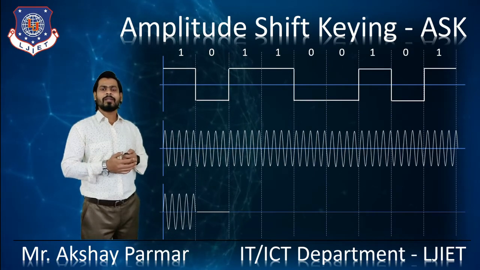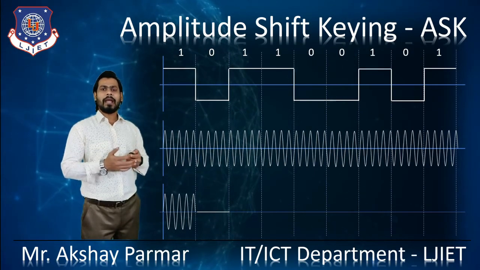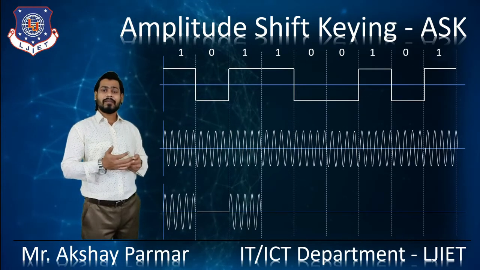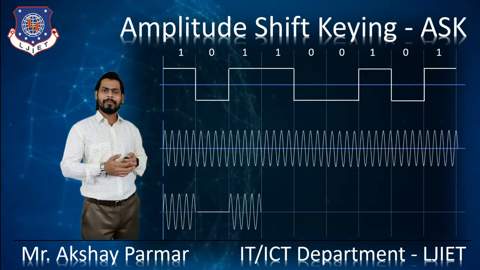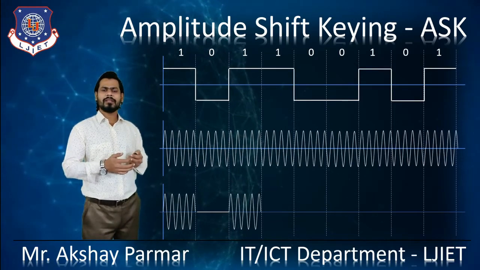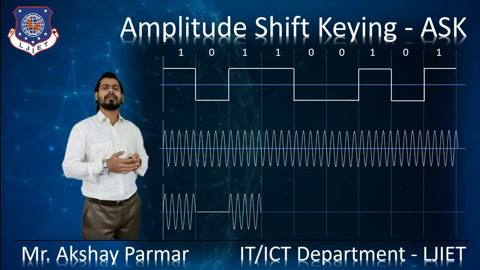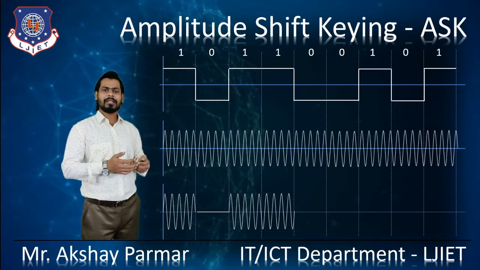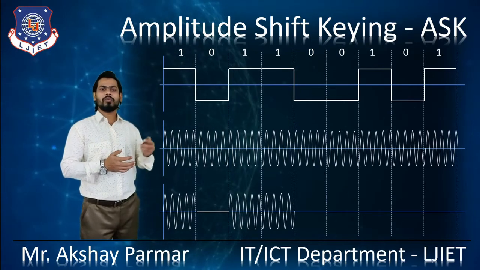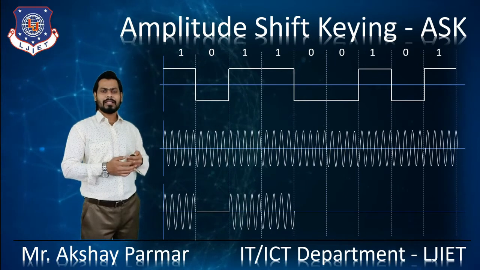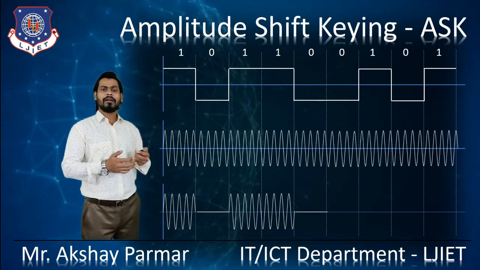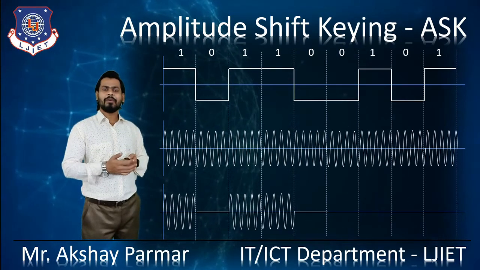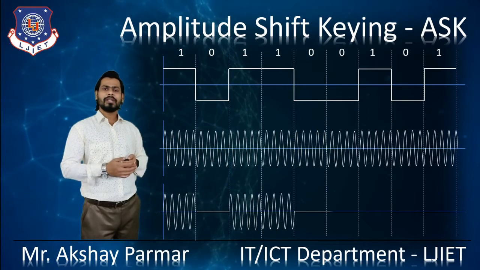After that, a 1 bit comes, so to represent bit 1 the carrier signal remains as it is. We follow the same procedure again: to represent bit 1 the carrier remains as it is, and whenever a 0 occurs the amplitude of the signal goes to 0. Another 0 comes, so the amplitude is again changed to 0.